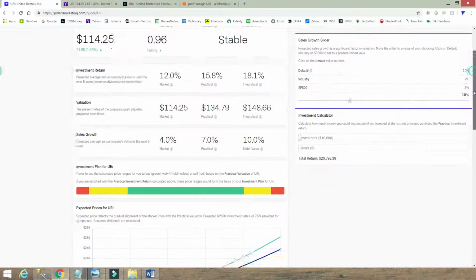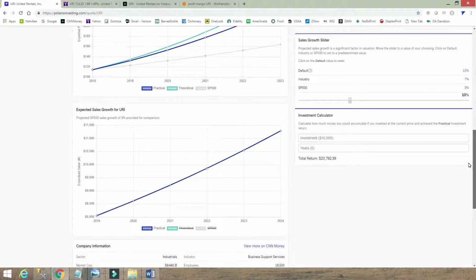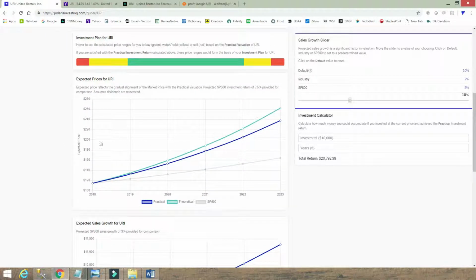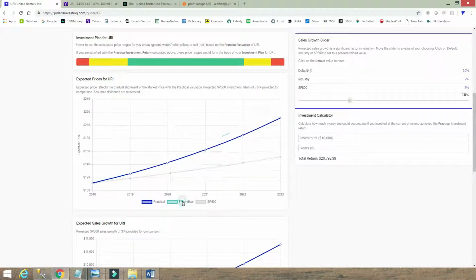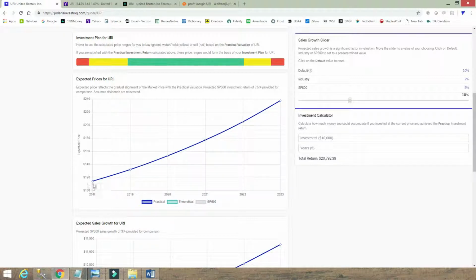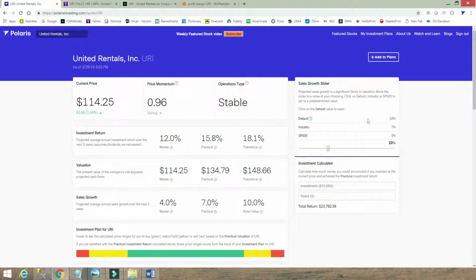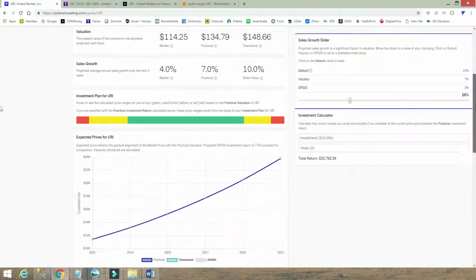So to finish up the thinking around United Rental, let's go down here and look at the expected price that we're building in from a practical standpoint. We're assuming that we start off with a price of around $114, but 5 years out, we're thinking the price could go up to $238. And that's an annual increase of around 15.8% per year.